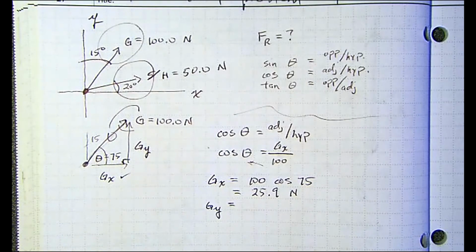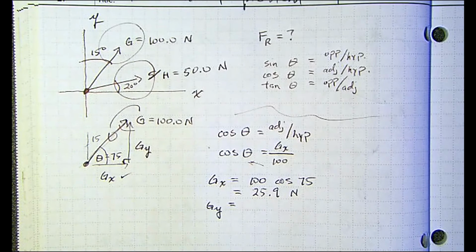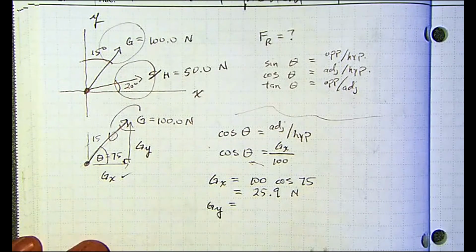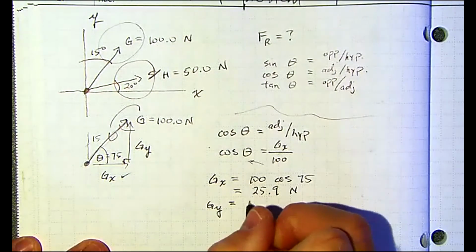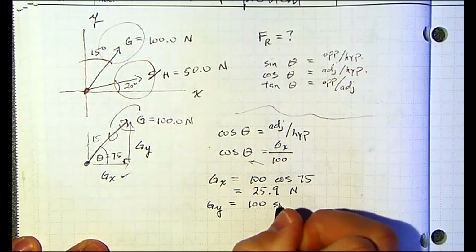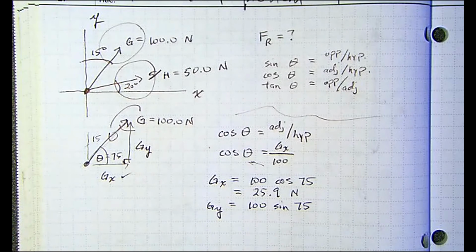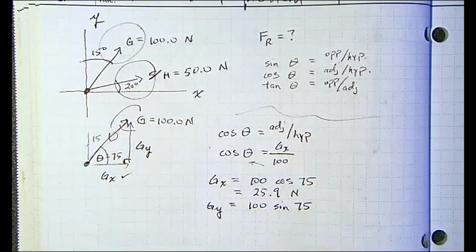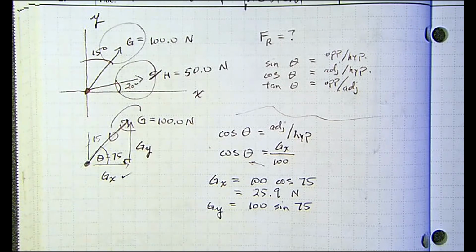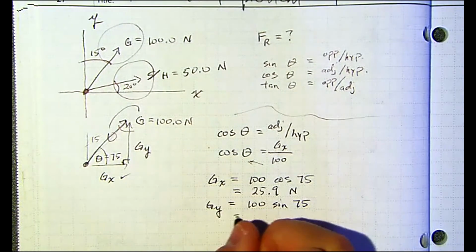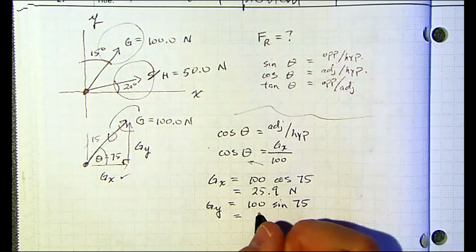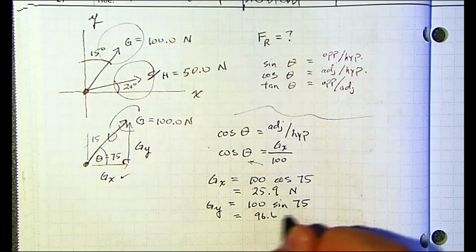The only thing different is cosine will become sine. So 100 sine of 75. I go to the calculator, 75 sine, times 100, and I get 96.6, because I'm rounding it off, 96.6 newtons.